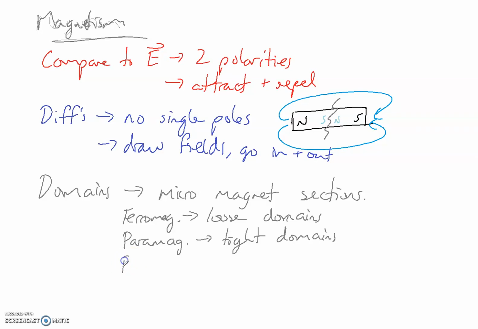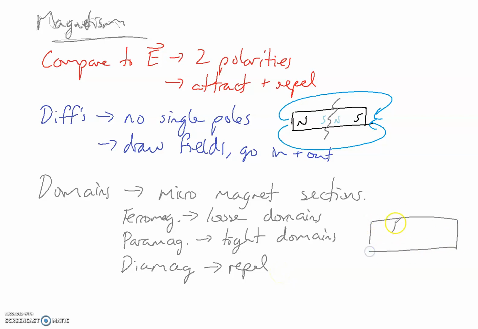Okay, and then we also had the diamagnetic. So we had diamagnetic as well, grade 11, and these are the ones, they're tight domains, but these guys always repel.